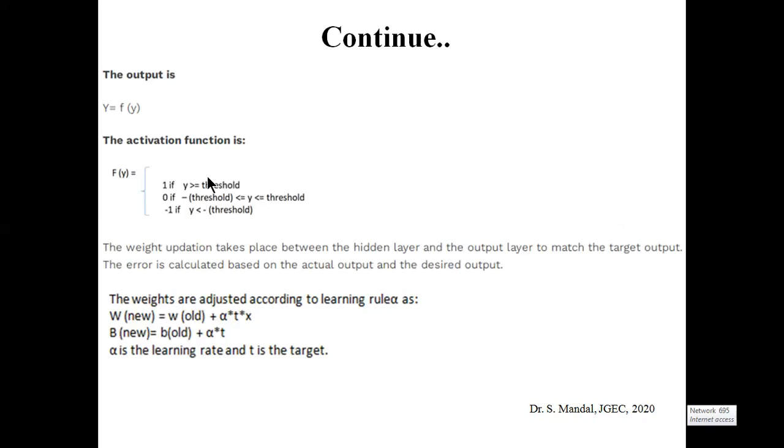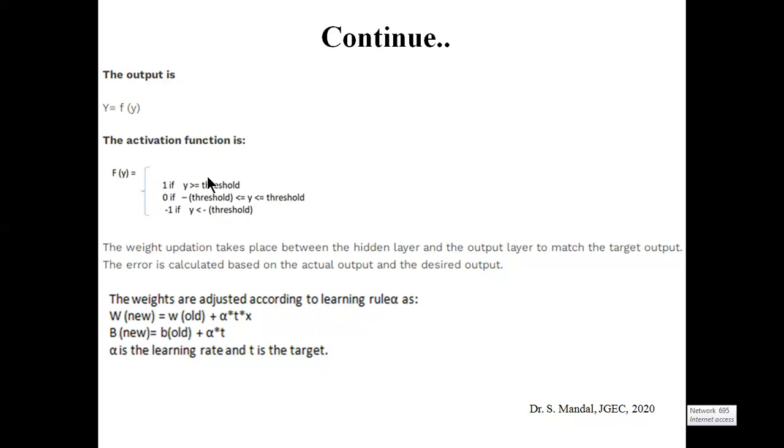Now continuing, we consider the output of the perceptron as y equals f of y, where small y is the calculated value of the accumulator, and f is the function, which denotes the activation function.